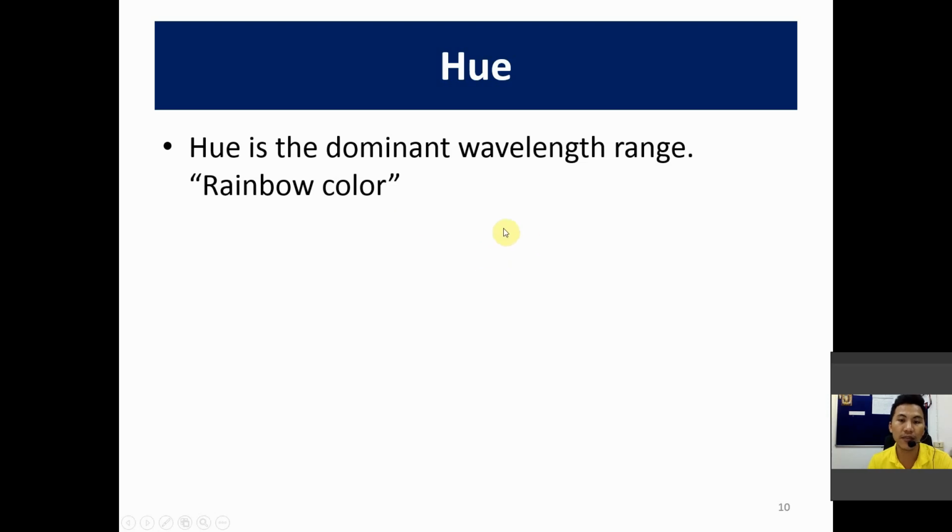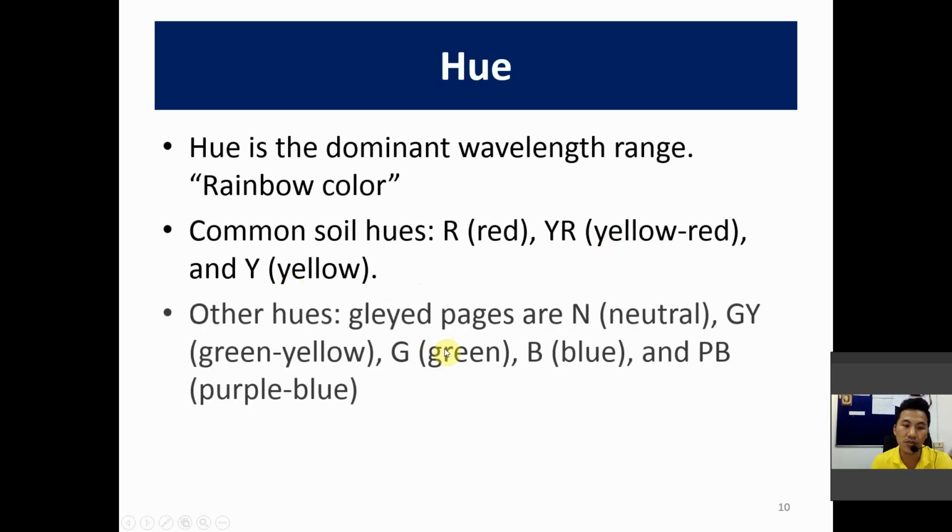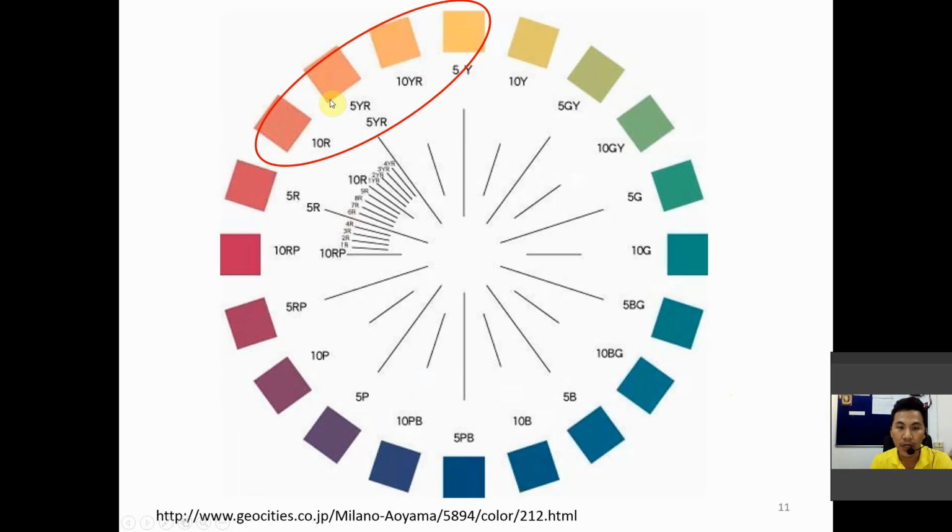Hue is the dominant wavelength, like I said, like a rainbow color. That's pretty easy to think about. The common soil hues range mostly from red to yellow-red and yellow. Other hues like gray, beige, green-yellow, green, blue, or purple-blue, we have just a few of those. So generally, this is the range of hue involved in the soil system.